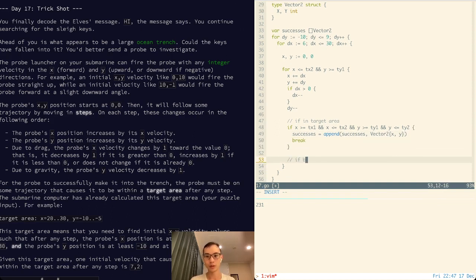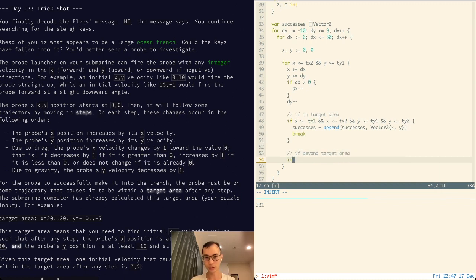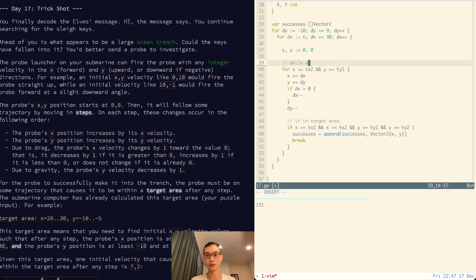And then if beyond target area, if, oh, no, we already have that here. So while not beyond target area, do that. And that's it, really. We'll print this out just so we can see it.